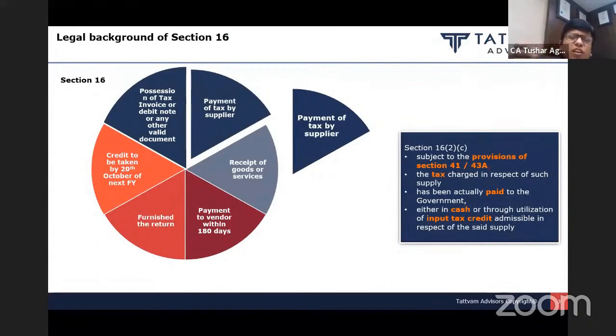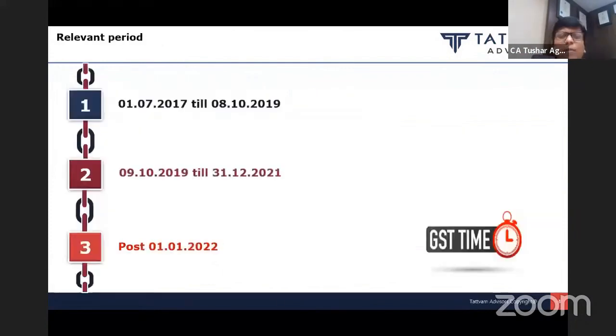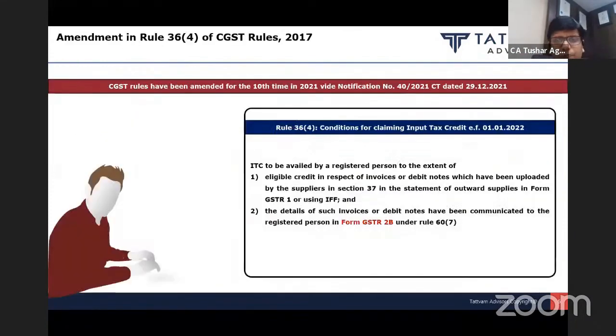And the way section 41 and 43A is drafted today, all these sections are based on the earlier concept of GSTR 1, GSTR 2, GSTR 3. There is no amendment in section 41 and 43A yet. I repeat, there is no amendment in section 41 and 43A yet. Therefore, even if the supplier has not deposited the tax, you are not legally required to reverse the credit, because this condition itself is not implementable. But as a matter of good practice and to avoid any dispute, make a habit of doing this reconciliation in future.